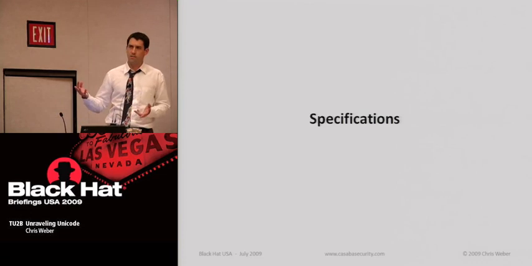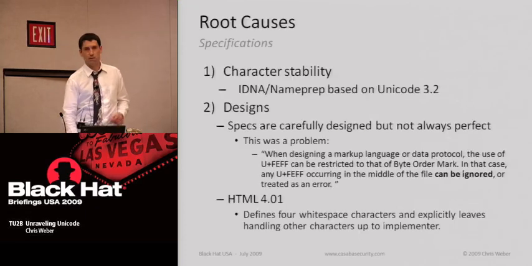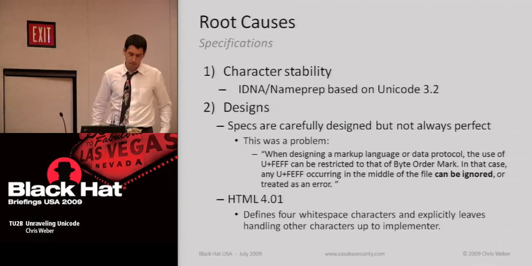They defined, I think, 5 characters in the spec, and they said you can treat other characters as space as you wish. HTML5 changed that, and they became very explicit about only these 3 or 4 characters can be treated as white space.